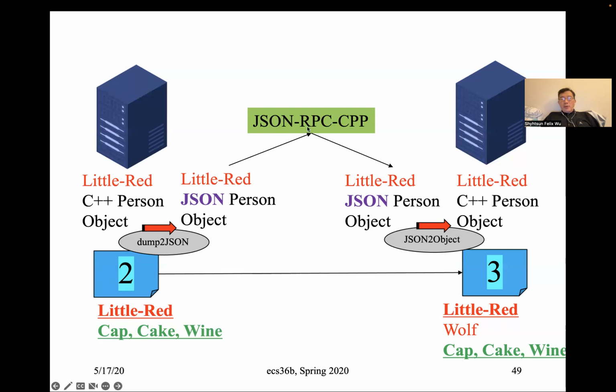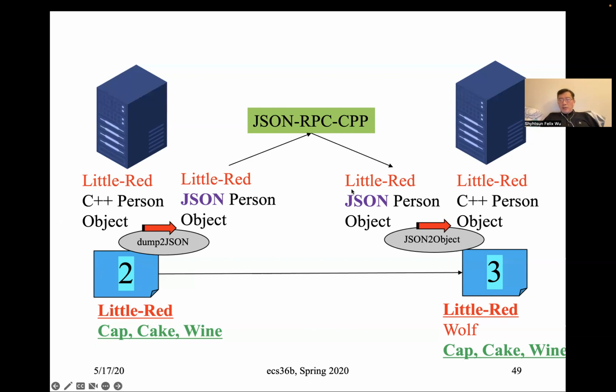Then you use JSON RPC, calling move, to move this JSON object to HW5 forest. Now you should have the little red JSON object over there. Then you use the function you also developed for homework assignment number 3, called JSON to object. It will convert this to the C++ object.